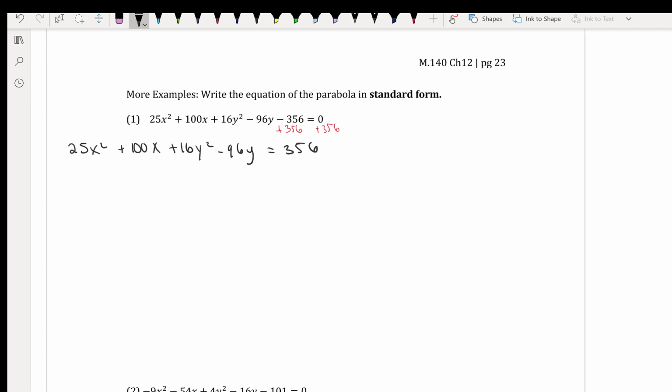The next thing you want to do is make sure that that leading coefficient is 1. So when I bring out that leading coefficient, 25 is what I'm going to be pulling out. So I have my x squared plus, and I have 100 divided by 25, which is 4. And now that leading coefficient on the y's is 16. So I'm going to have my y squared minus, and 96 divided by 16 is 6.